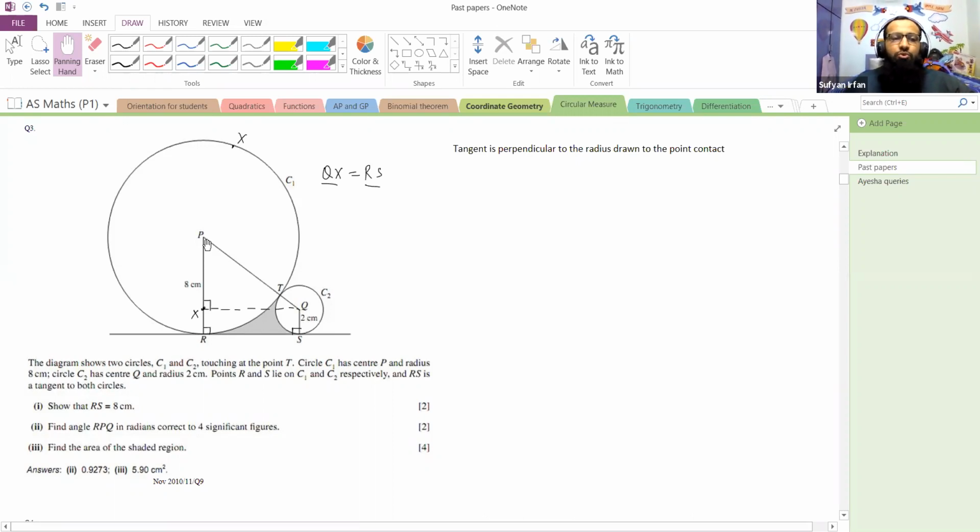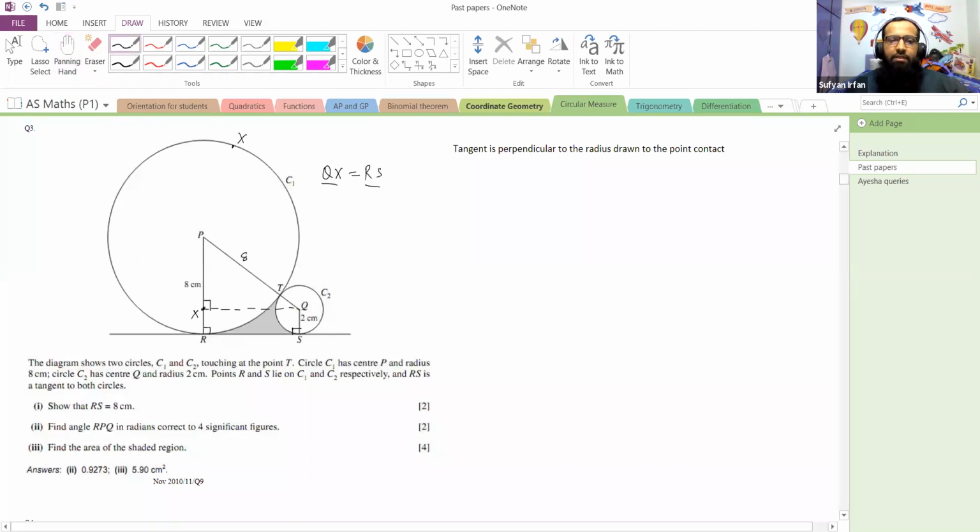We need to keep our minds open. If P is the center, then from P till any point on the circumference will be the radius. So PR is the radius, PT is the radius, and any point that lies on the arc RT, from point P till that point will also be the radius. So there are so many radiuses in a circle. PR is 8, PT is also 8.